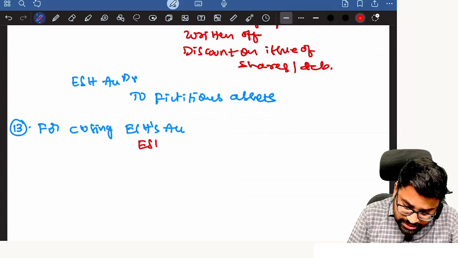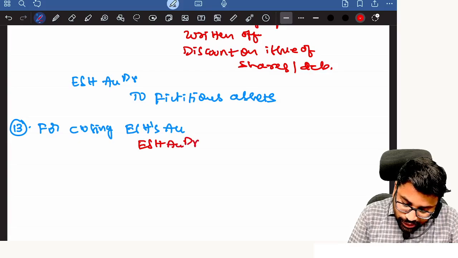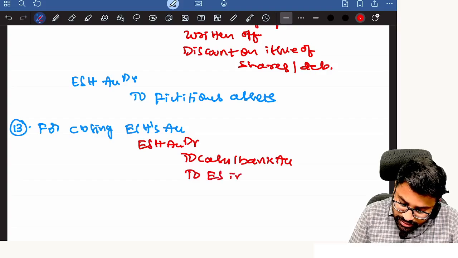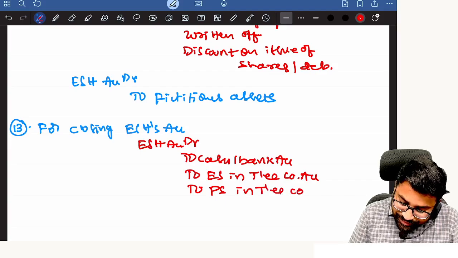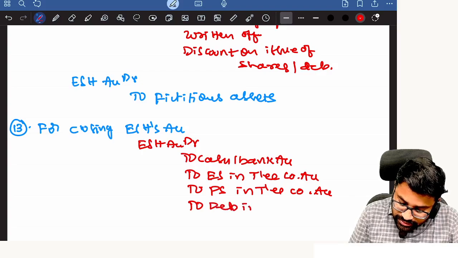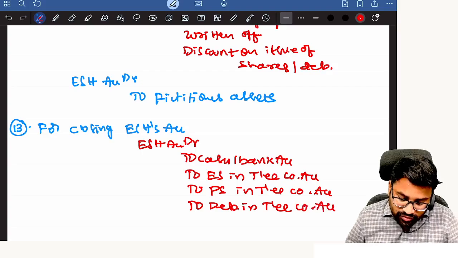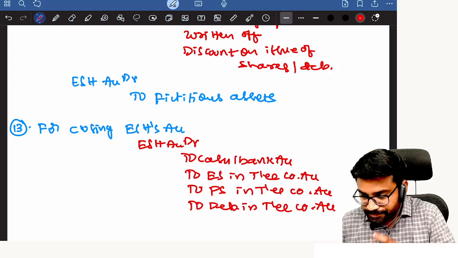Equity shareholders account debit to cash or bank, whatever we received, to equity shares in transferee company account, to preference shares in transferee company account, whatever they received, just simply credit debentures in transferee company account, so that their account will be closed automatically.